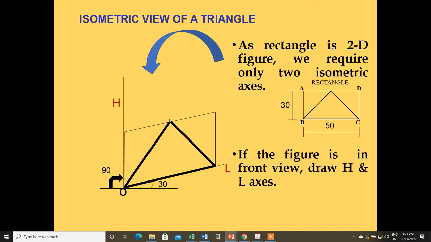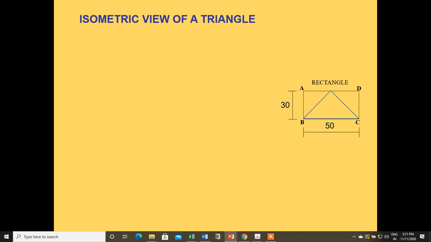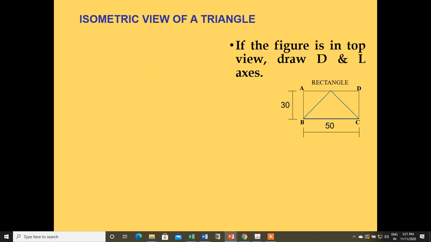Now if you want to draw the triangle in top view, we have to consider the length and depth axes. Again, origin, then the length axis at an angle of 30 degrees and the depth axis again at 30 degrees with respect to the horizontal line. Along the length and depth axes we first draw a rectangle of side 50 by 30.